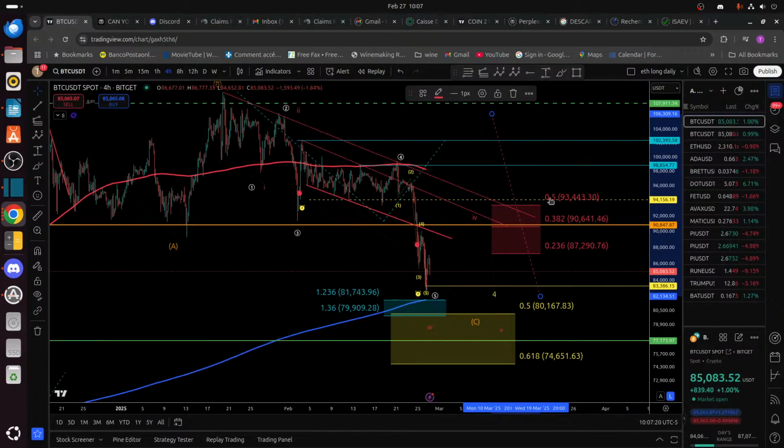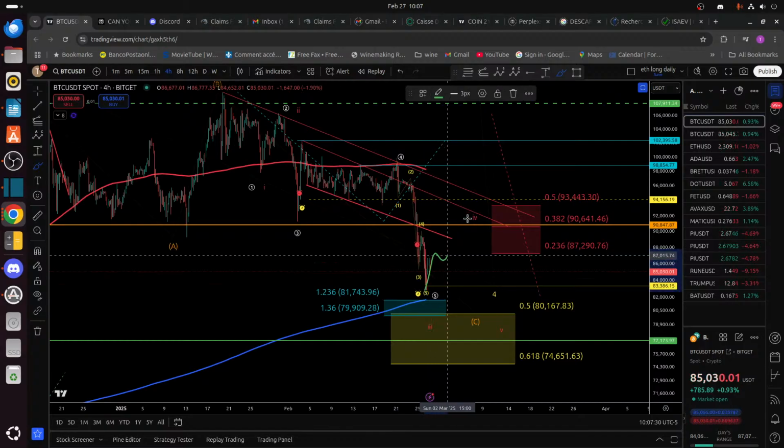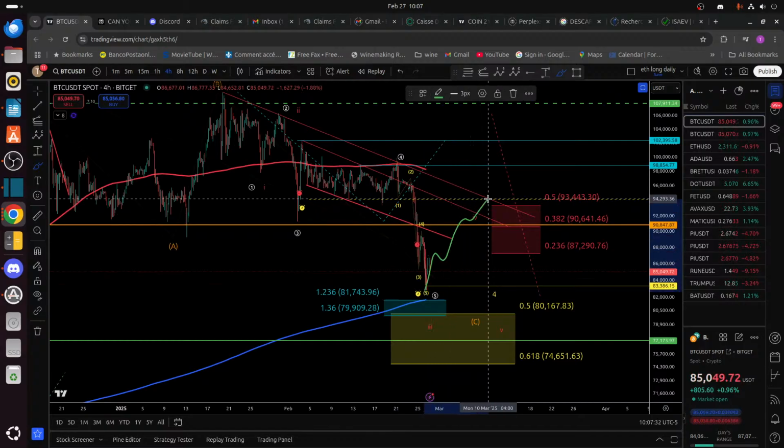Well, if we go higher than 93,443, and if we manage to do that into 5 waves, then we start to have a case.